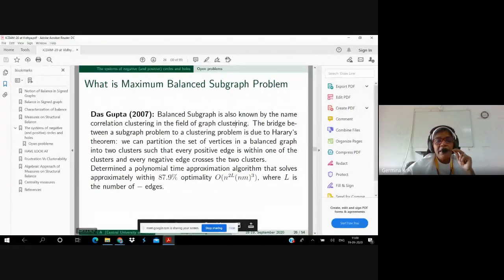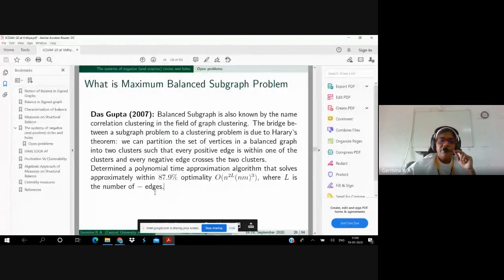This is determined by a polynomial time approximation algorithm that solves approximately within 87.9% optimality, of order n raised to 2L, n m the whole cubed, where L is the number of negative edges. Even now, deep research is going on with respect to these clusters.